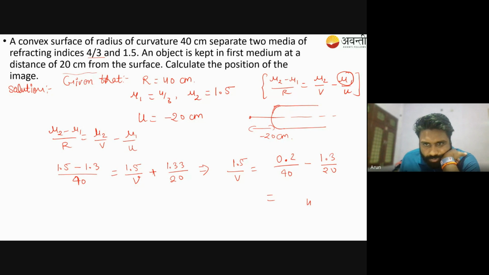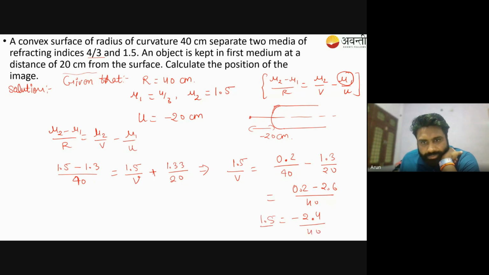Take the LCM 40. We have 0.2 minus 2 multiplied by 1.3, which is 2.6, so it is minus 2.4 divided by 40.